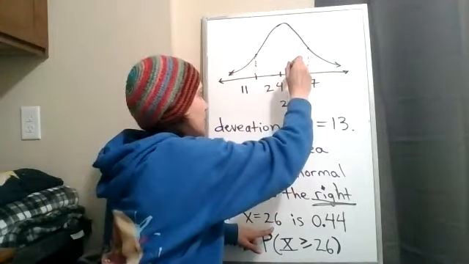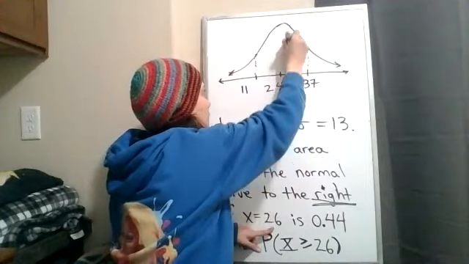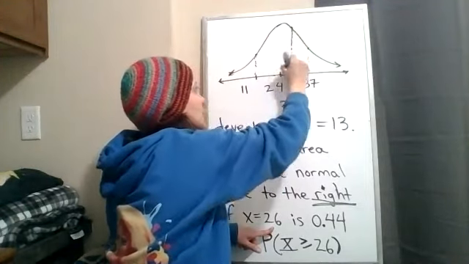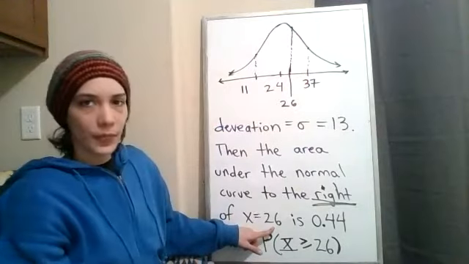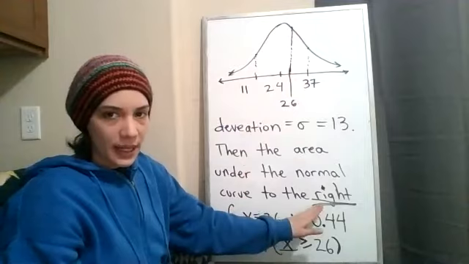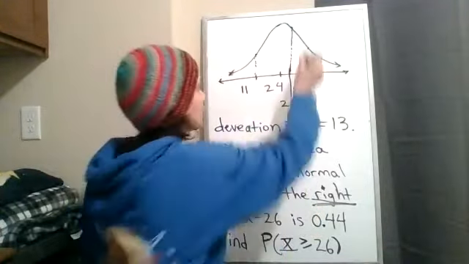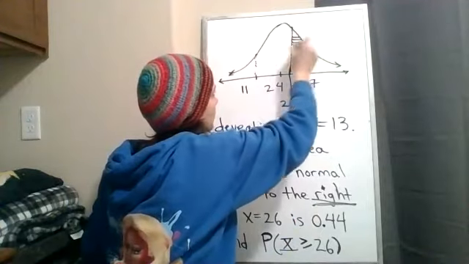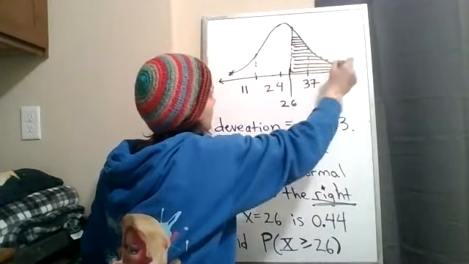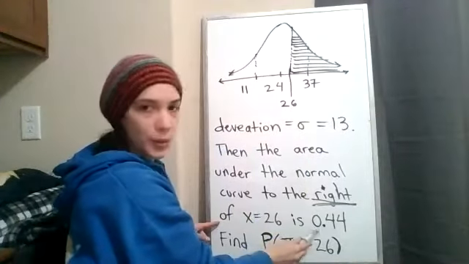You just want to go from 26 up to the curve. And then the area under there on the right side is 0.44.